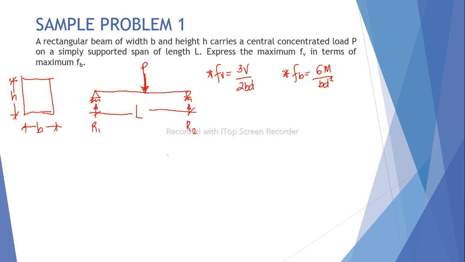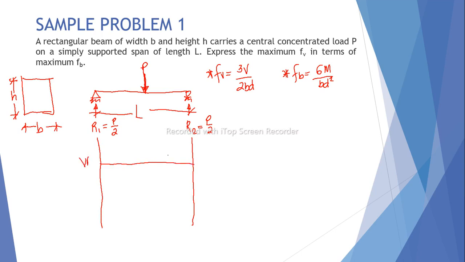So if we have a concentrated load P at the center, expected by symmetry, reaction 1 is half of load P, so that is P over 2, and then reaction 2 is also P over 2. So we can also draw our shear and moment diagram from this example.